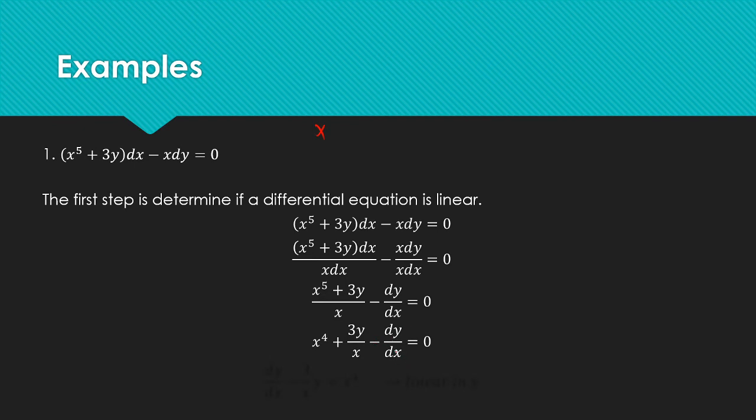Pero negative yung dy over dx, so lipat natin sa kabila, transpose natin yung buong equation, we will arrive at dy over dx minus 3 over x times y is equal to x raised to the 4th power. So therefore, it is linear in y. So kapag linear siya in y, dun pwede na natin gamitin yung general solution for y.